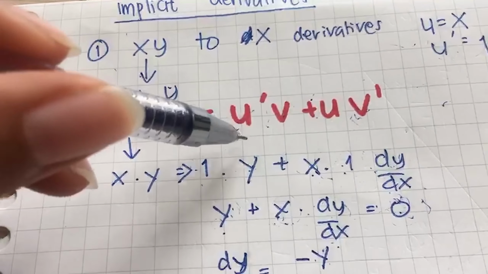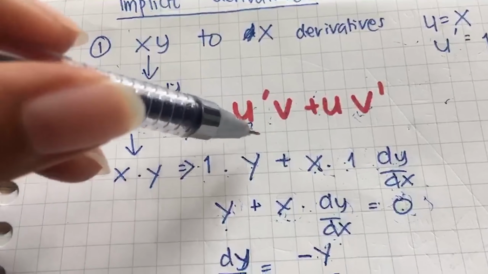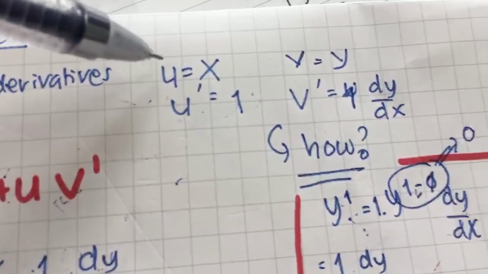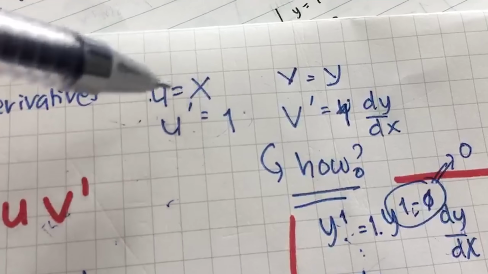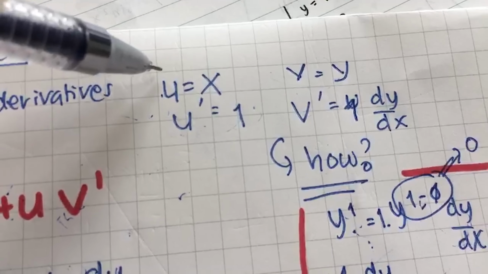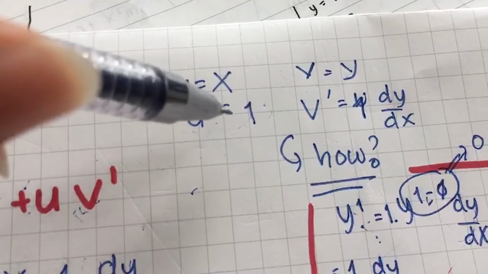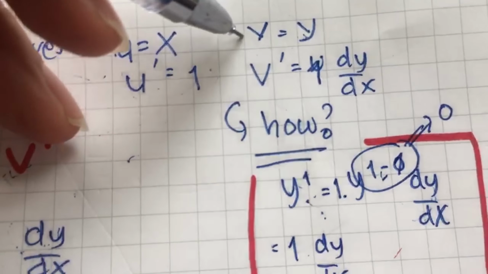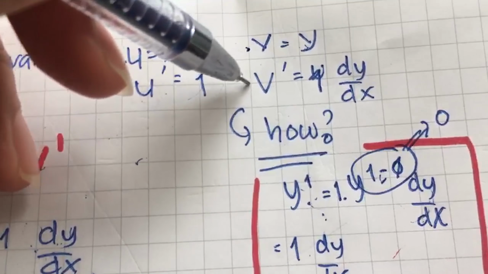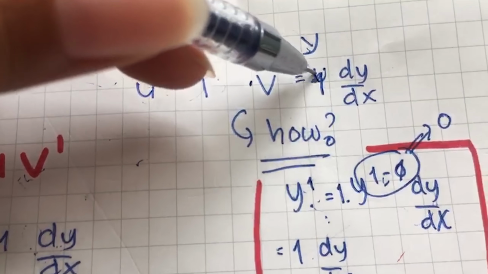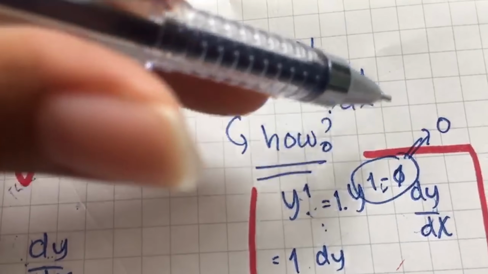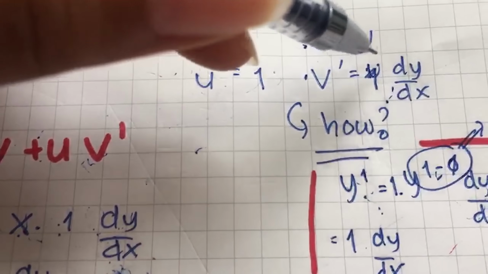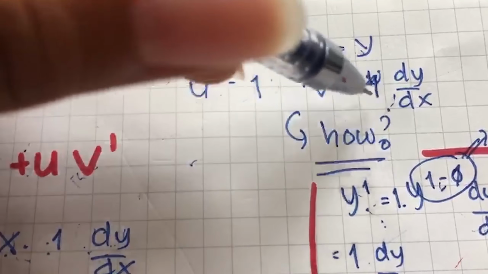So first, the derivative of u. The u is x, and the derivative is 1. And how about the y? The y is v, and the derivative is 1 dy per dx, because it's implicit. We only derive with respect to x. So how?